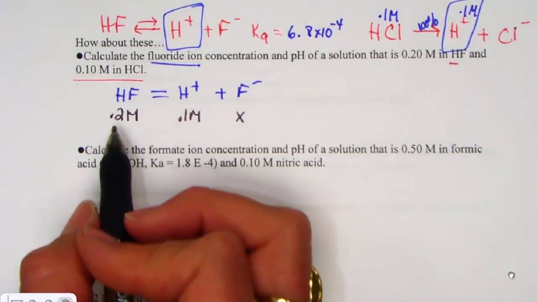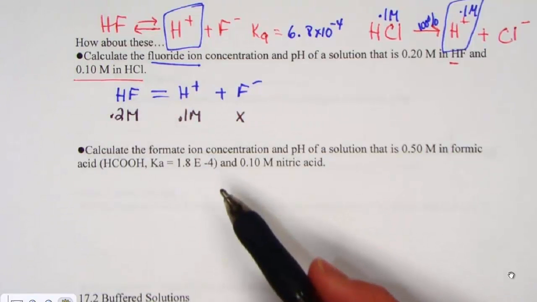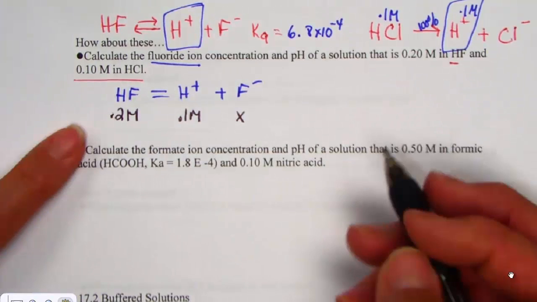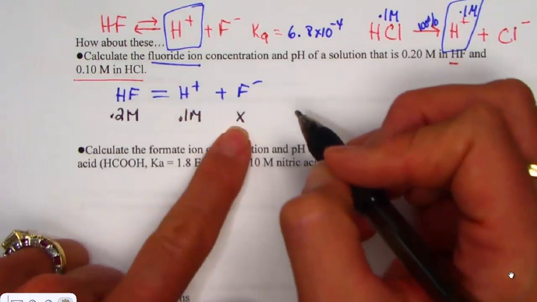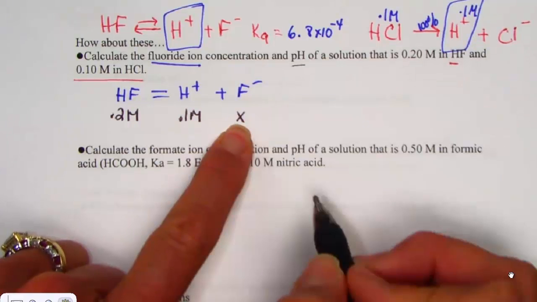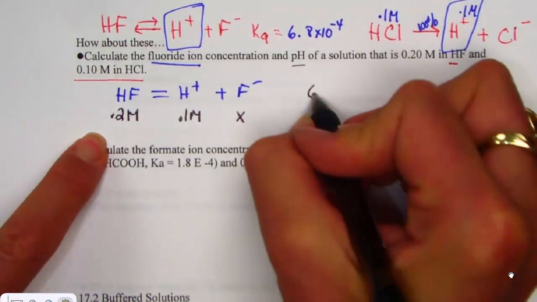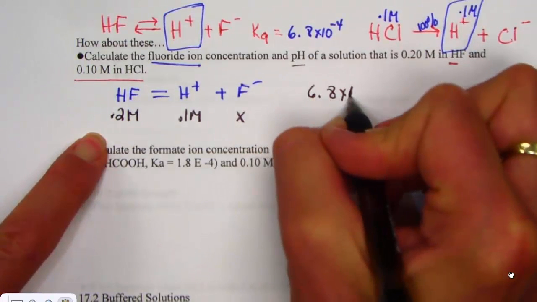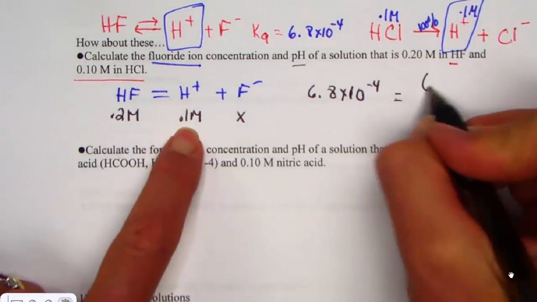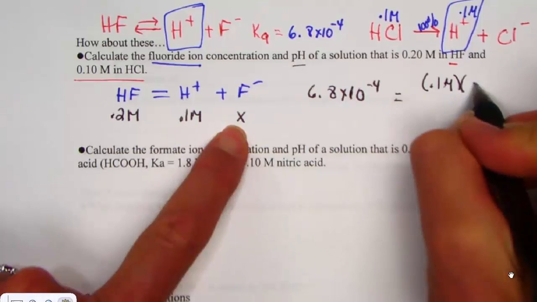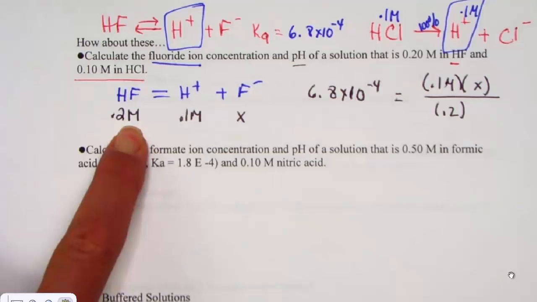But let's assume that X is so small, so negligible in the amount it contributes to the equilibrium that we can simply toss it out. And we can solve for the fluoride ion, calculating X, and we can solve for the pH by knowing hydrogen ion directly. So the Ka I found for us, 6.8 times 10 to the negative fourth, is equal to the hydrogen ion times the fluoride ion over the acid, 0.2 molar.